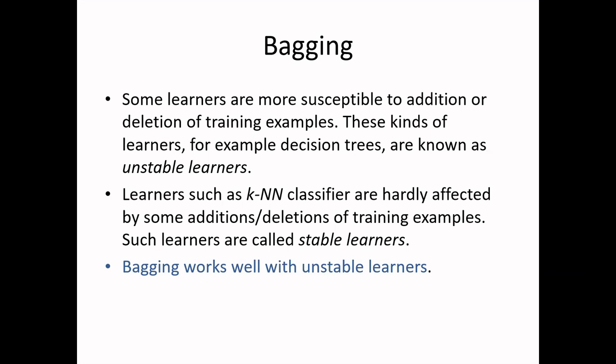On the other hand, if you think of a decision tree classifier, while discussing those I did mention that they are very susceptible to noise and minor changes, and you can end up with a different tree structure. If you remove certain examples, you might end up with a quite different tree structure. That means decision trees are examples of weak learners. KNN classifiers are examples of strong, or stable, learners.